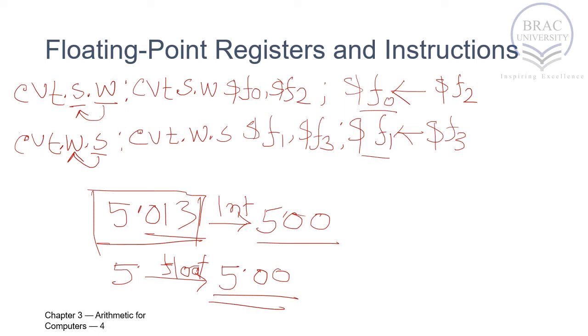Yes, there is a chance that if the final value after the arithmetic operation is floating point, we might lose that value if we convert it back to the integer value, if the destination register of the final result is inside the integer register file.